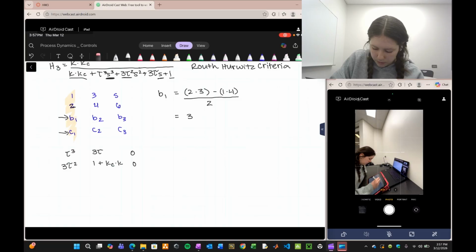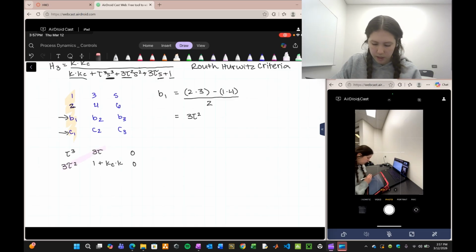I'll highlight this to make it easier to see, it will be 3 tau squared times 3 tau, and then we will subtract this diagonal.